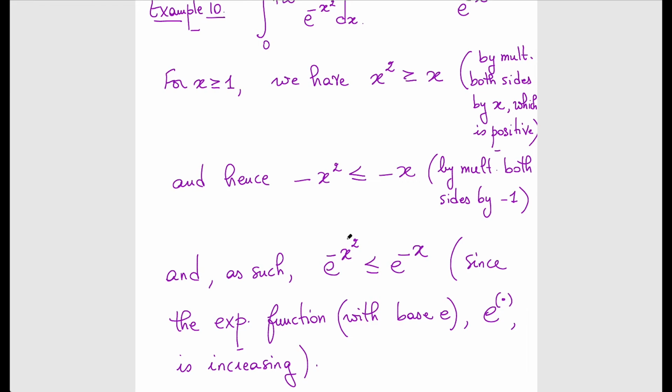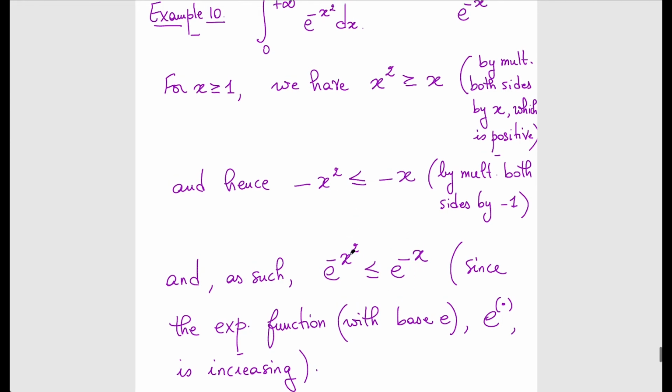So if you have an input that's smaller than or equal to another input, e of that input is going to be smaller than or equal to e of the bigger input. What used to be small remains small.